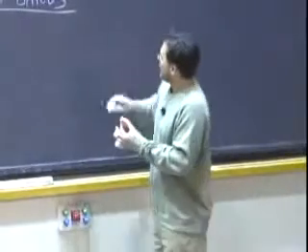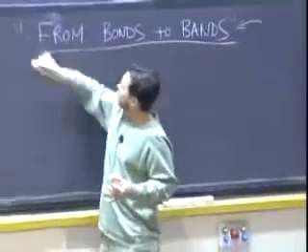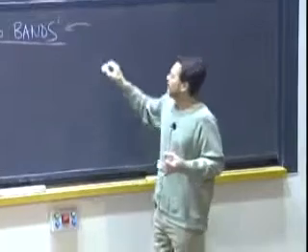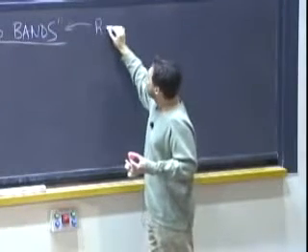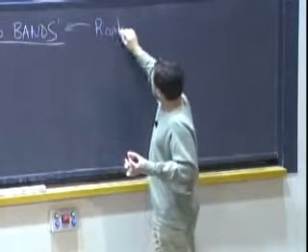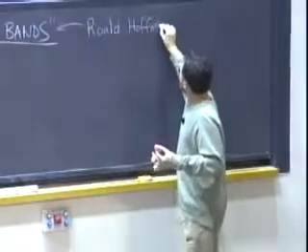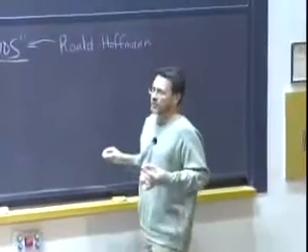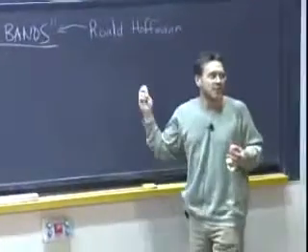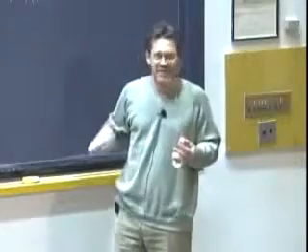This, by the way, the title for this panel, From Bonds to Bands, is actually the inverse of a title that was penned for a beautiful article written by Professor Roald Hoffmann. He was actually one of my teachers as an undergraduate at Cornell University, and he also won the Nobel Prize for his contributions to theory.